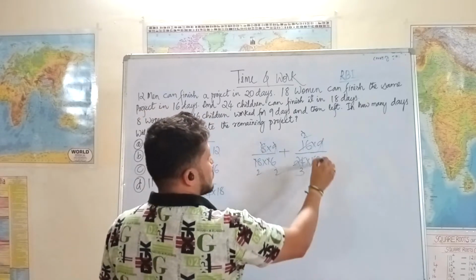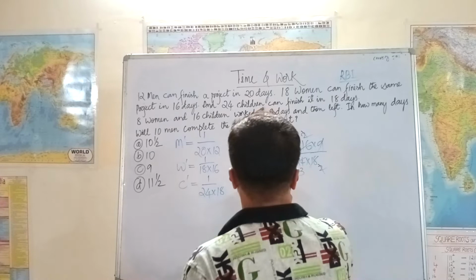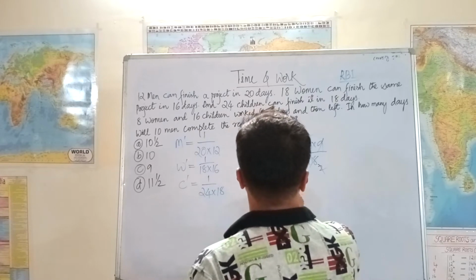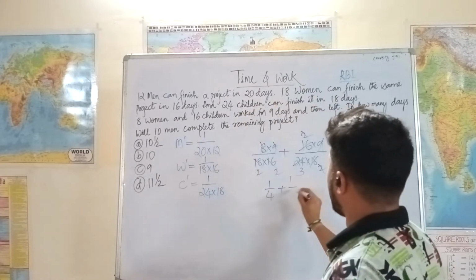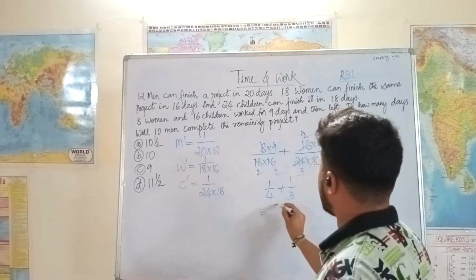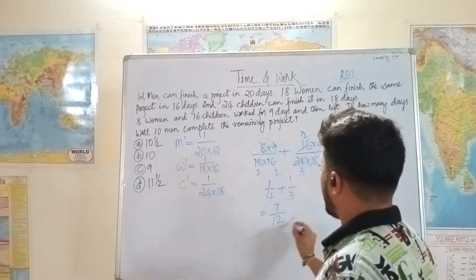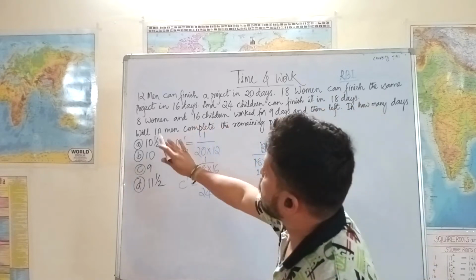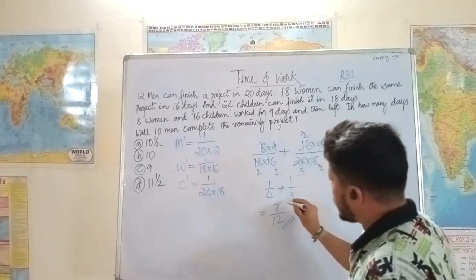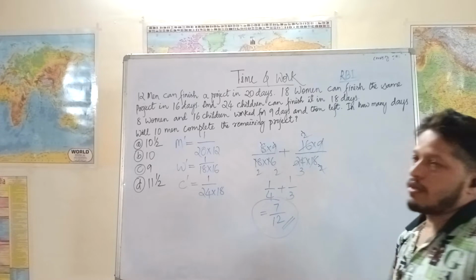And this 2 gets cancelled. We are left with 1 by 4 plus 1 by 3, which is 4 plus 3, 7 divided by 12. So in these 9 days, 8 women and 16 children completed 7 by 12 of the work.